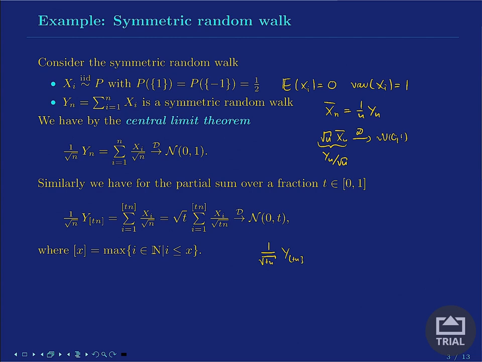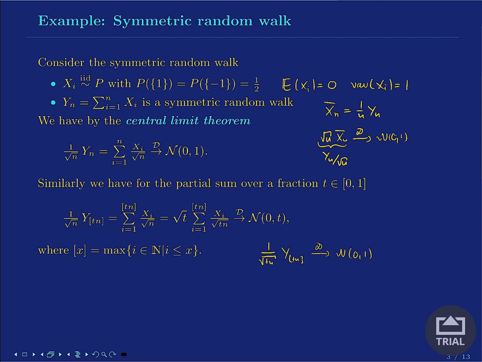So here we have now, as we only have tn random variables summed, the variance of the random walk is tn, and we divide by square root tn, the standard deviation. So this converges in distribution to a standard normal distribution.